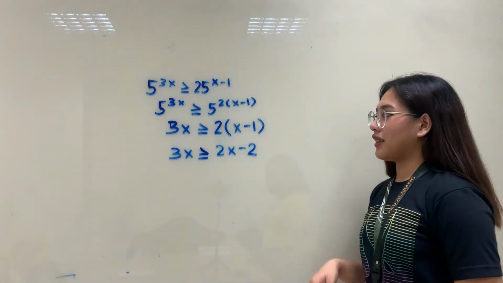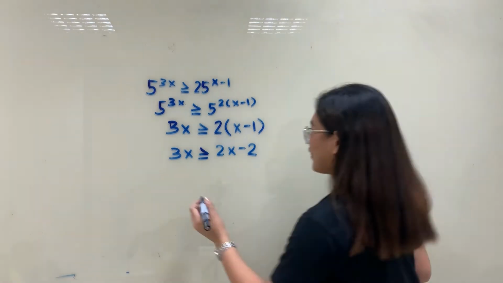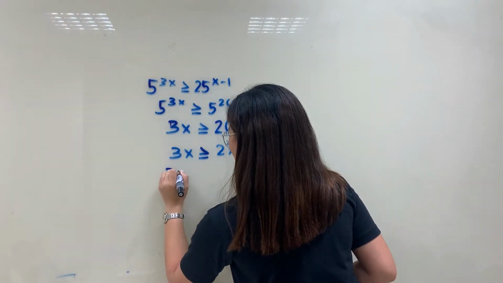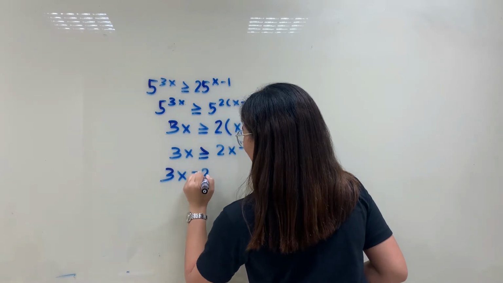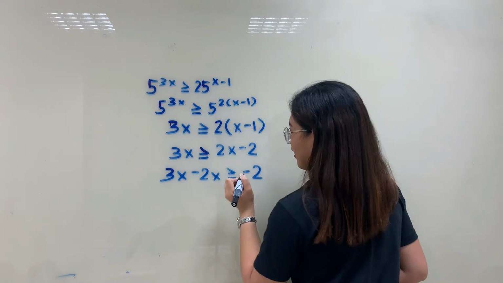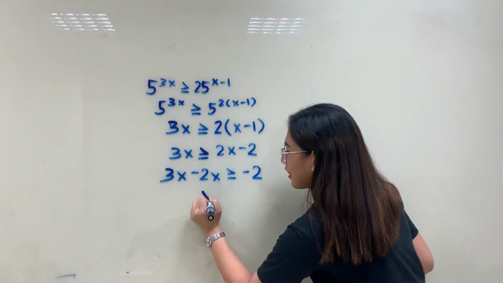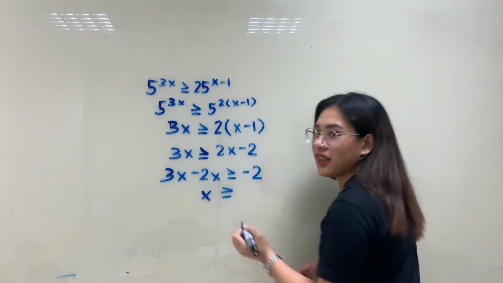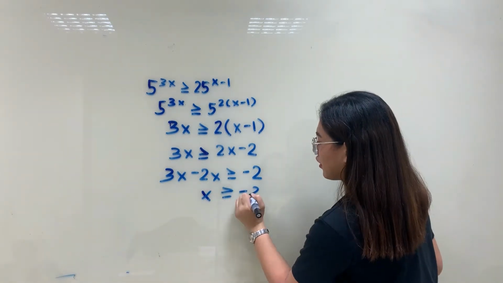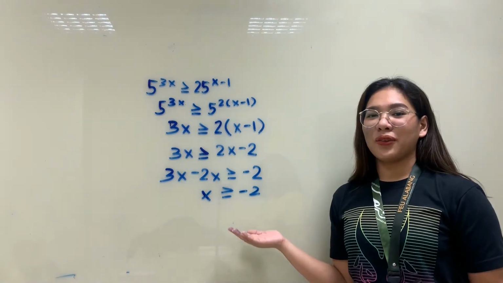The next step is to combine the like terms. 3x minus 2x is equal to x. Then we will bring down the negative 2. So now we got the answer. x is greater than or equal to negative 2.